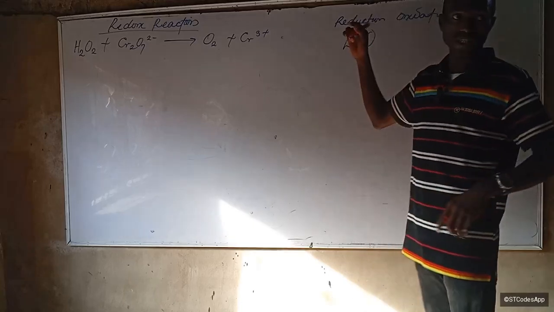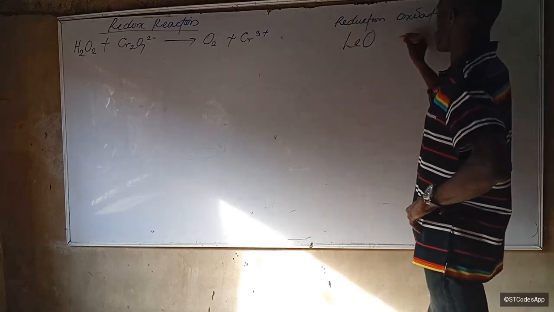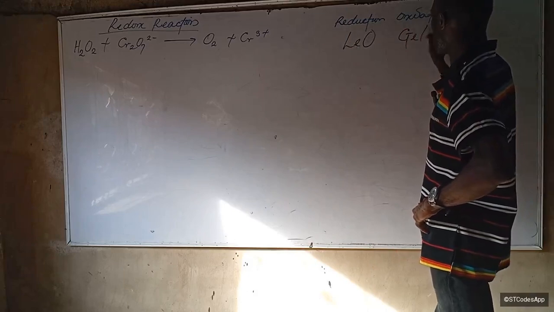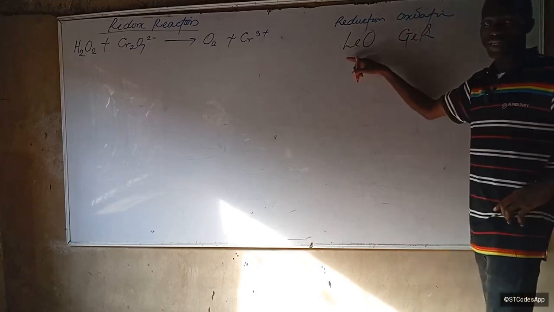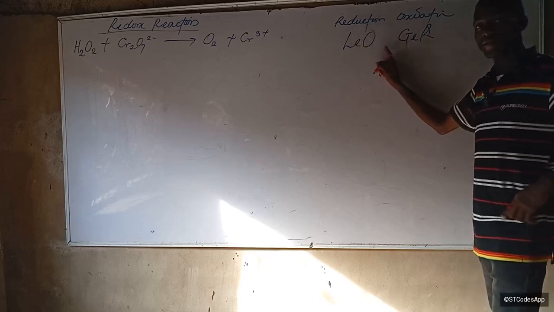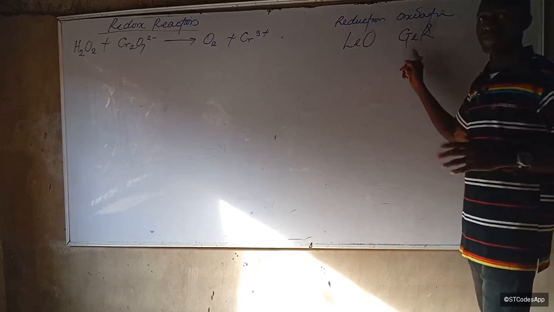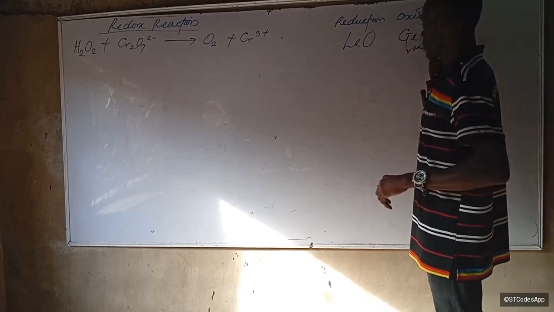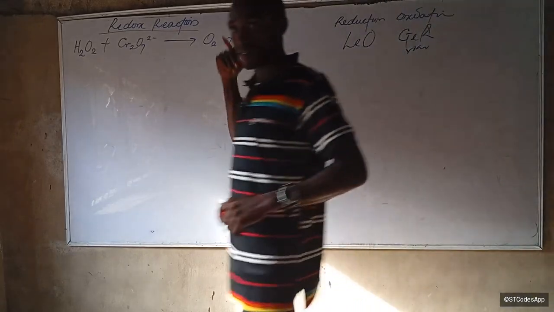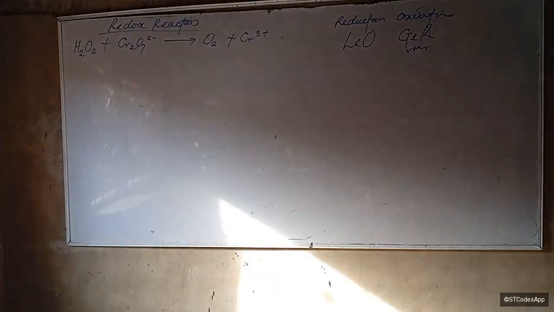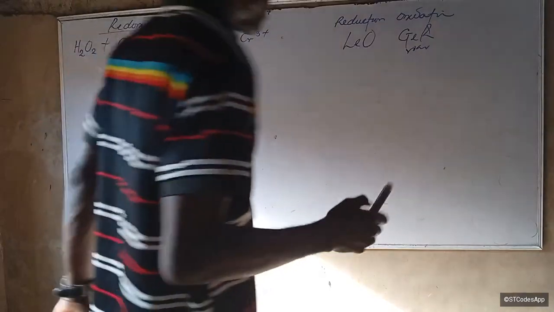We gave this definition briefly. Loss of electron is oxidation, and gain of electron is what? Reduction. Think of it as Leo the lion goes grrr, like it's roaring. Do you understand? So that grrr is the GER there, and that GER stands for gain of electron, known as reduction. Does that make sense?